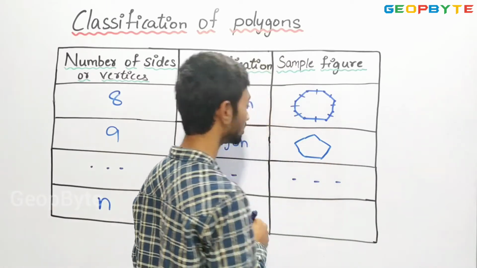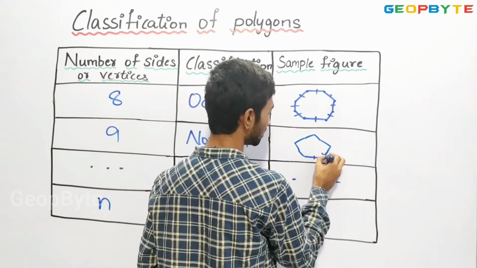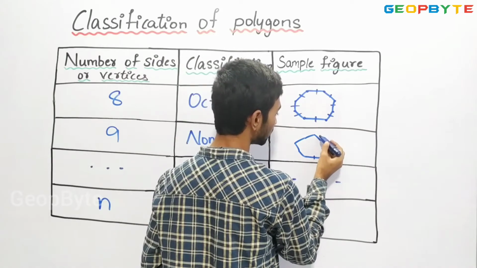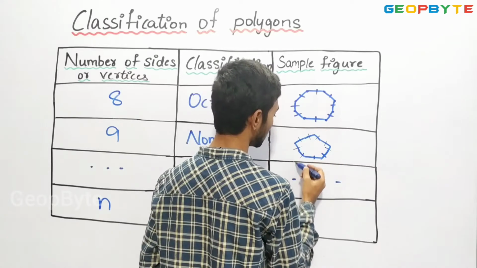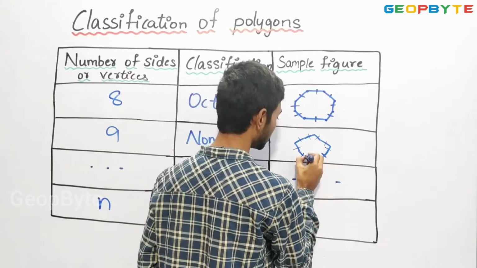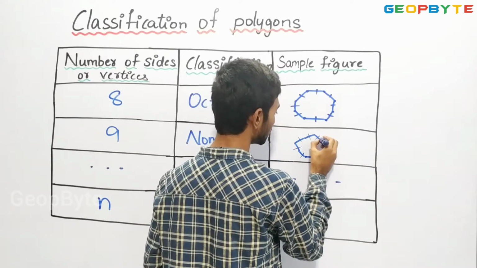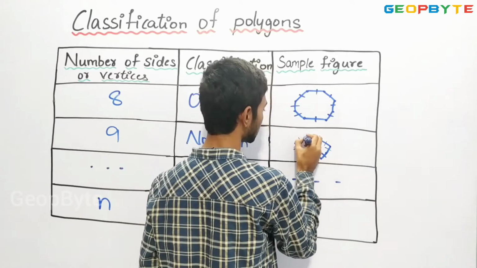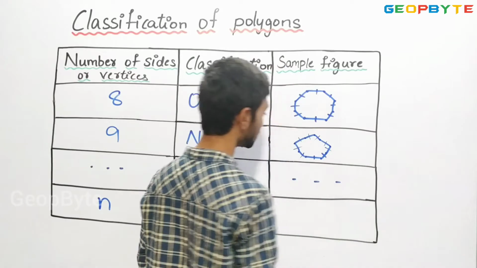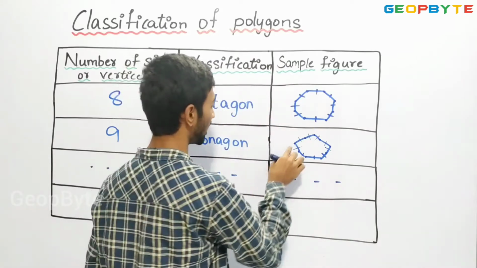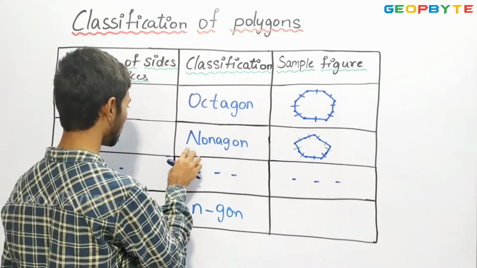In this figure we have 9 sides and 9 vertices. 1, 2, 3, 4, 5, 6, 7, 8, 9. So this figure consists of 9 sides and 9 vertices. Therefore, it is known as a nonagon.